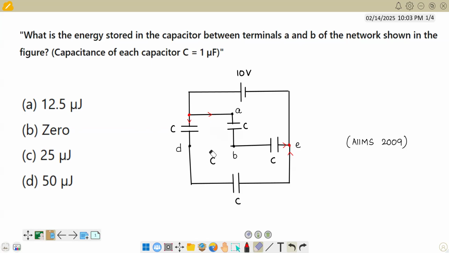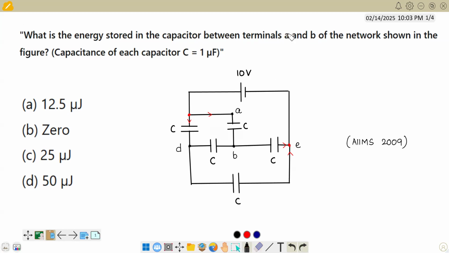That means I will directly remove this. To explain to you, I took so much time. But if I was solving it in a competitive examination, I would immediately identify that this is a Wheatstone bridge. I will remove this, and as I remove this, I will take that this is 5 volt and this is 5 volt, and half into 1 into 5 square, that is 25. So I would have directly marked 12.5 without so many steps.